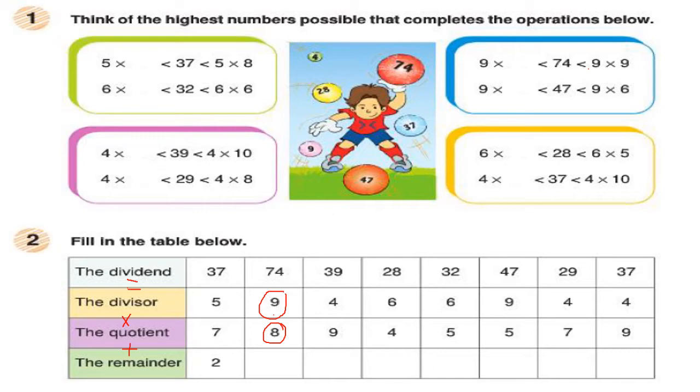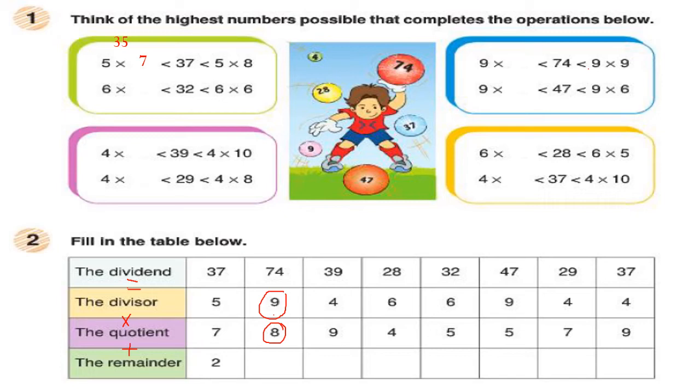Here I'm asking 5 times what gives a number less than 37. So in the multiplication table of 5, what do I have? 5 times 1, 2, 3, and we continue. We have 5 times 7, 35, 5 times 8, 40. Which number is less than 37? For sure 35. So I write here 5 times 7.